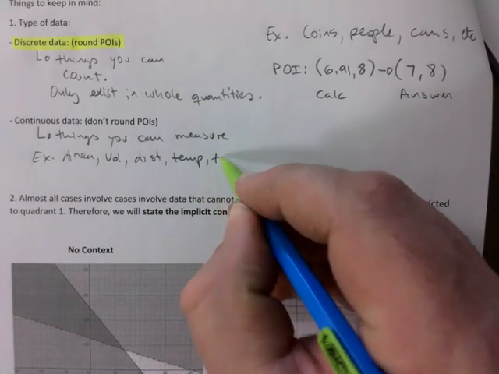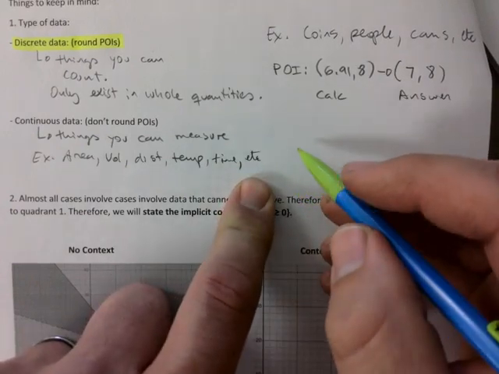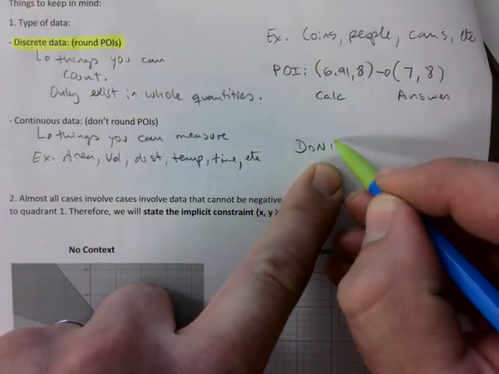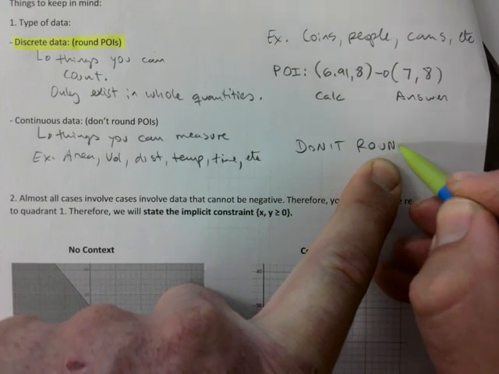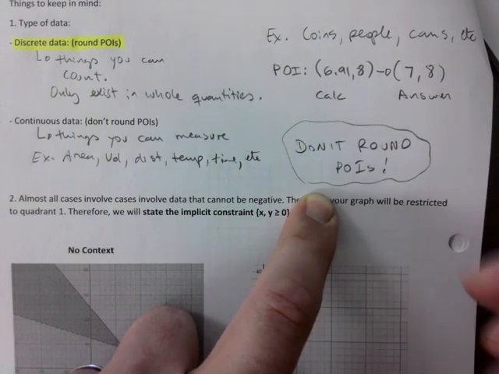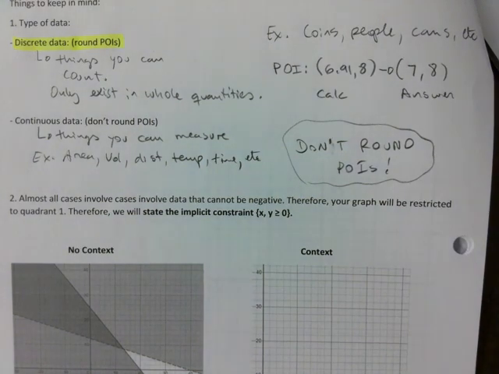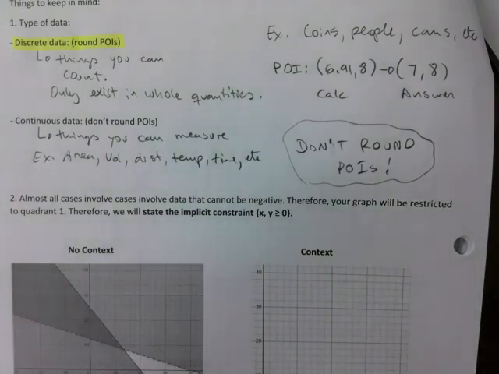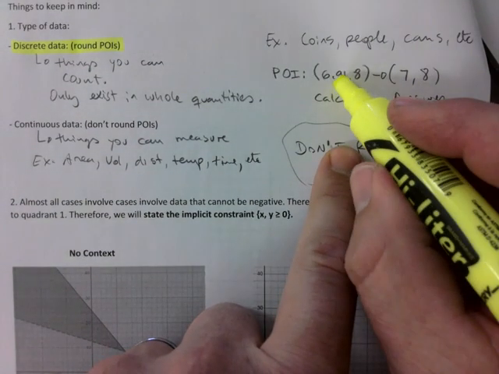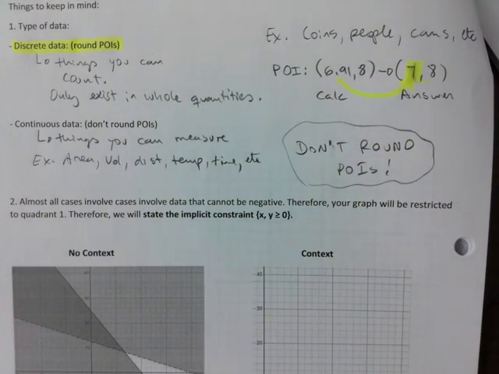Time as well, etc. Don't round POIs. You'll find that a lot of times you're going to round. Quite often we're going to talk about rounded scenarios.